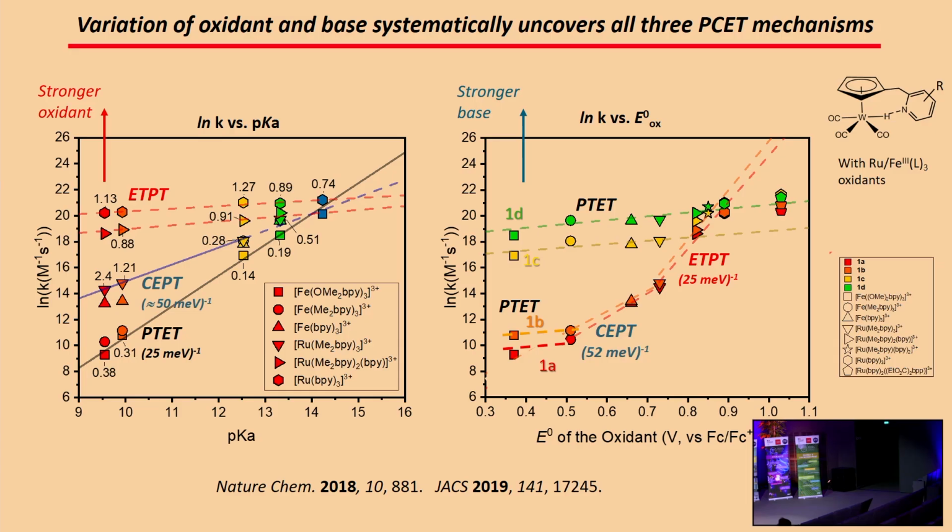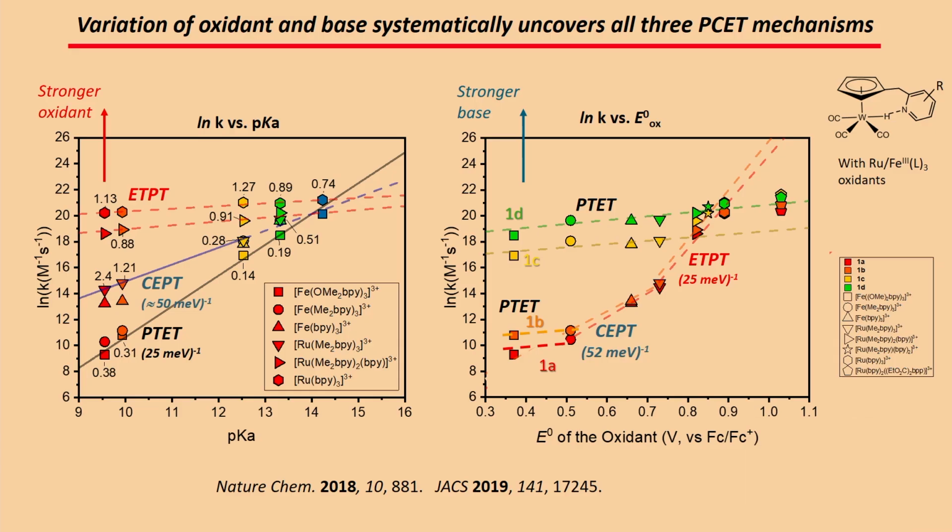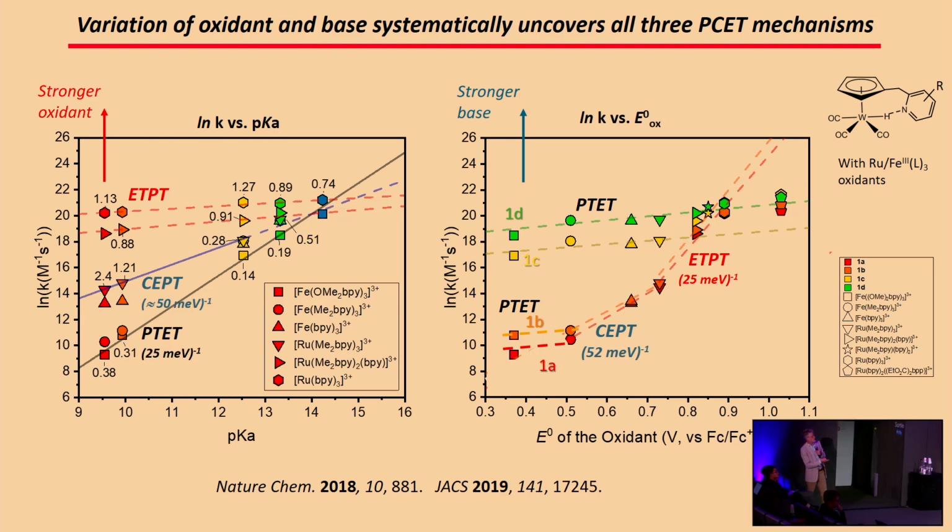And I think it's fair to say that this is the best example of a determination of the mechanism, in this case using free energy dependence. The numbers here are kinetic isotope effects. So we have an inverted isotope effect because of the different zero-point energies of the hydride versus the pyridinium. Here we have a more normal effect for a concerted reaction, and here essentially no effect because it's limited by electron transfer.